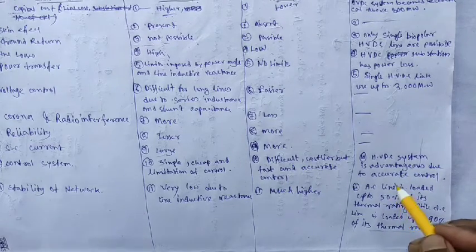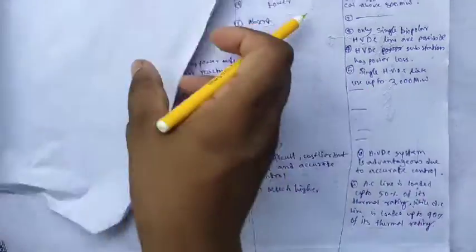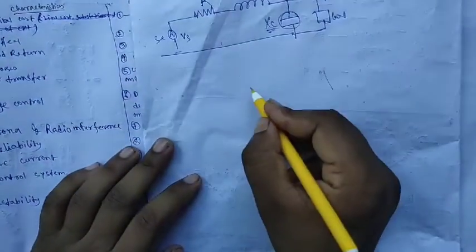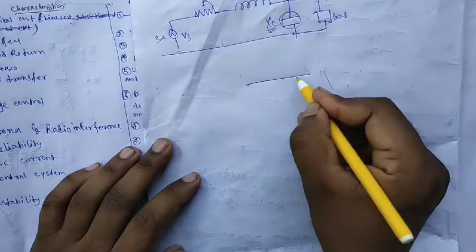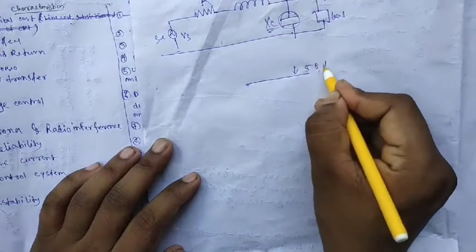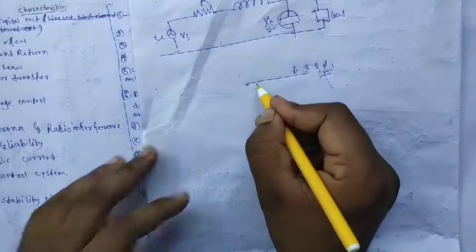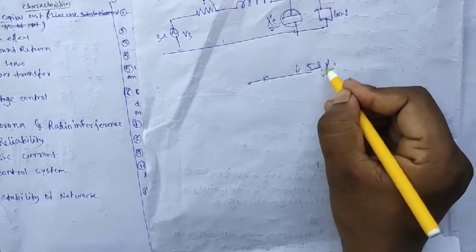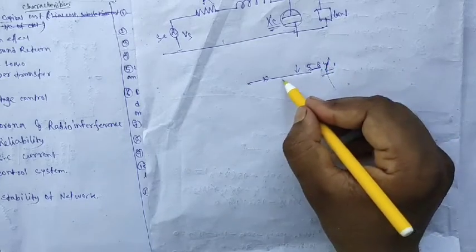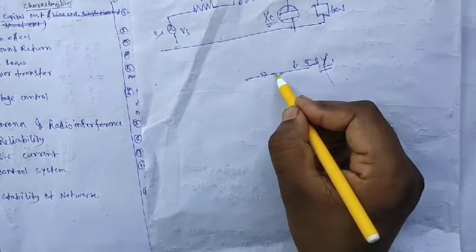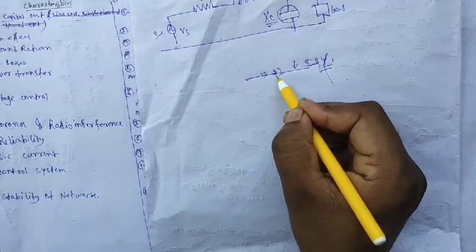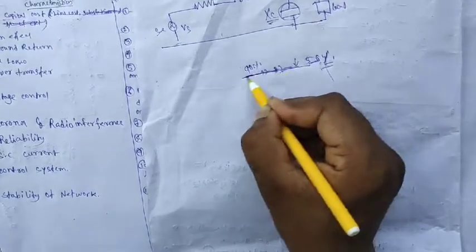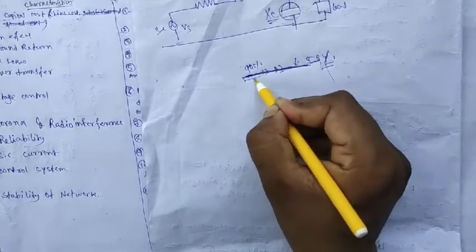That means an AC transmission line can take a load by a conductor with thermal rating up to 50%. If heat is produced, only 50% load is possible on this conductor. But if it is DC, then we can use 90% of the heat capacity of this conductor. You can supply the power.